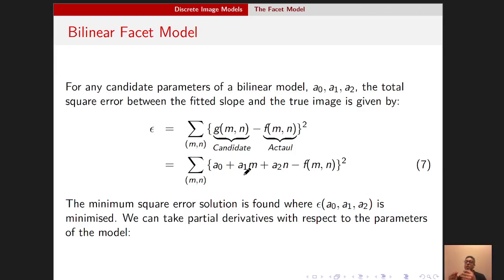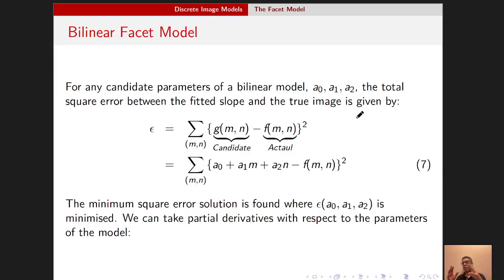In this case, we've got the spatial coordinate locations, m and n, so we can simply move through those spatial locations, and the equivalent of the y values are the actual intensities.